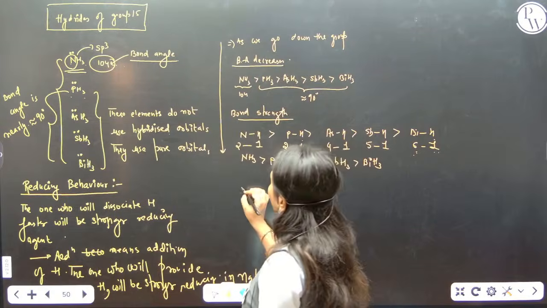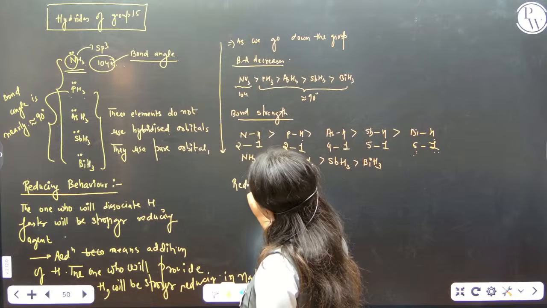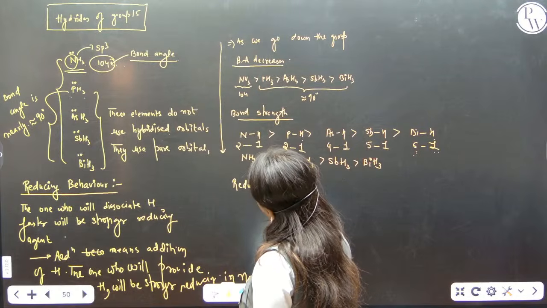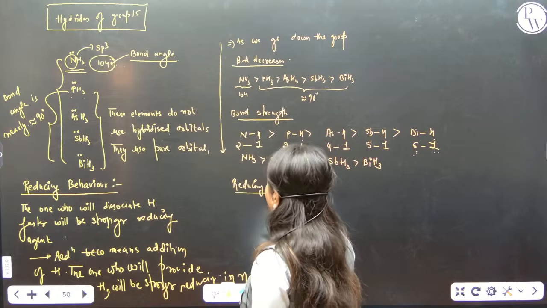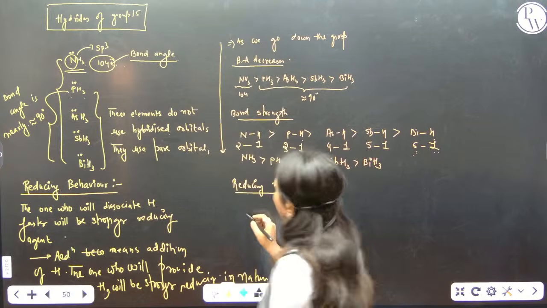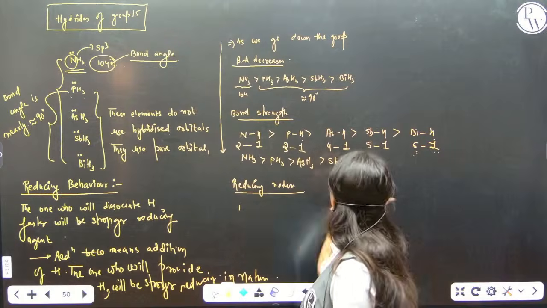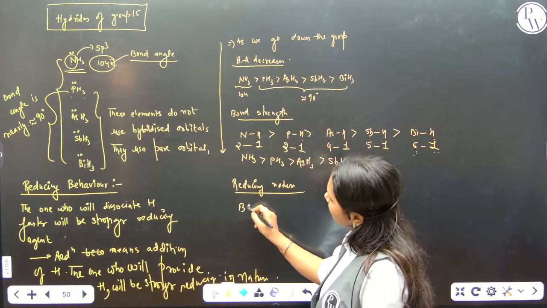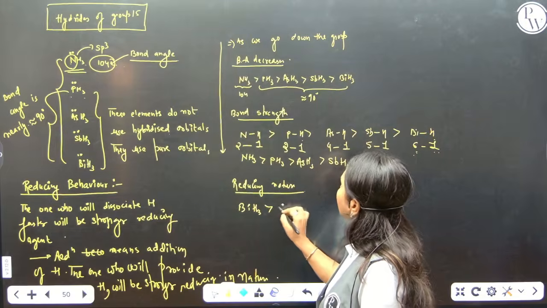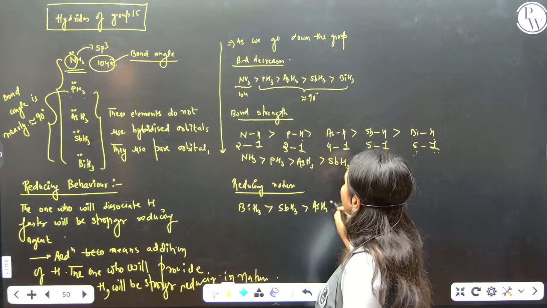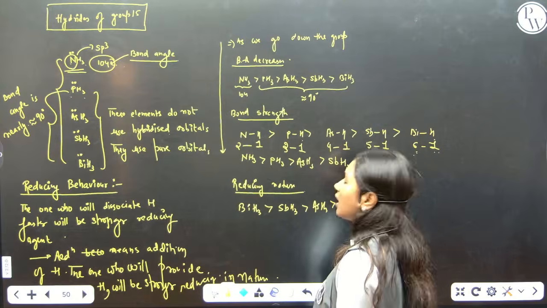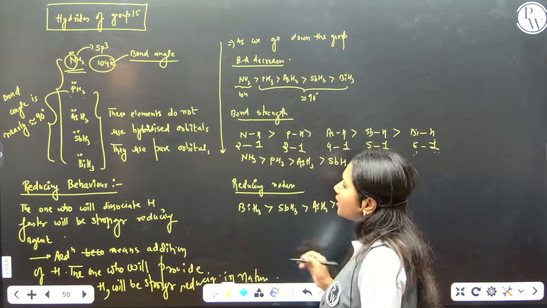Correct? So who has the best reducing power? Inverse. Bismuth, antimony, arsenic, phosphorus, and ammonia. This is the reducing power.